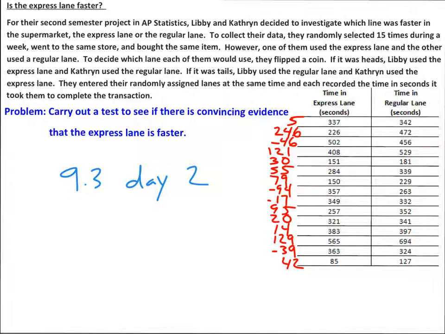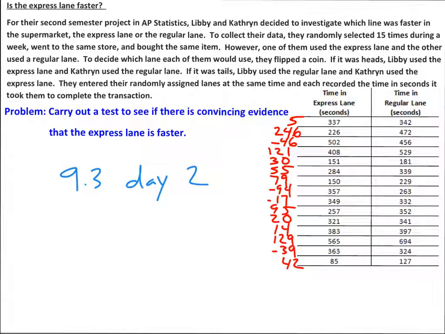For each set of items that they checked out, they randomly decided which order they would check it out in, express and regular, but they needed a comparison, right? Because obviously it depends on what you're checking out. So the data we would really need to enter into our calculator is in red, okay?